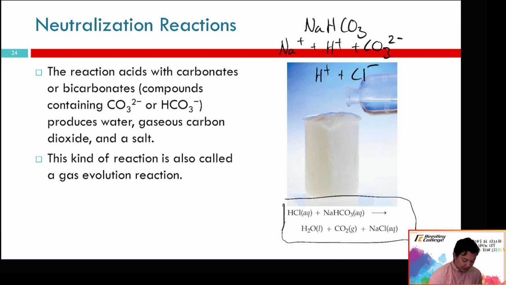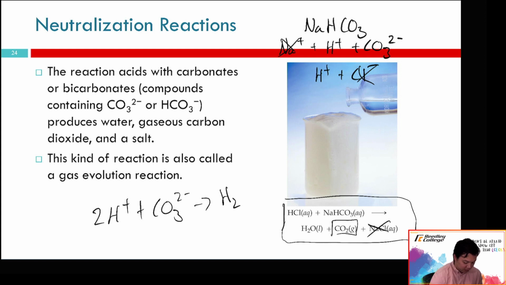And so ultimately what you're going to get here is the carbon dioxide, but your Na and your Cl are going to cancel out in your net ionic equation. And so you'll get basically 2H plus plus CO3 2 minus gives H2O plus CO2. And that would be your net ionic equation.